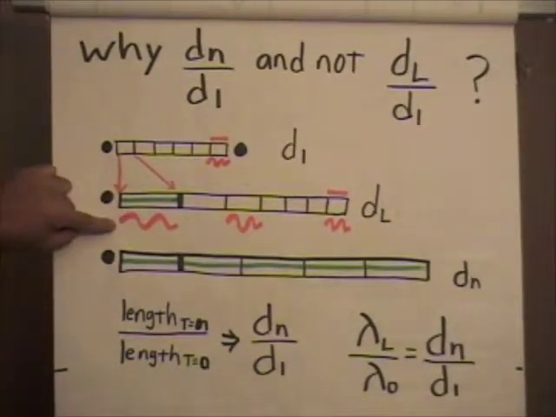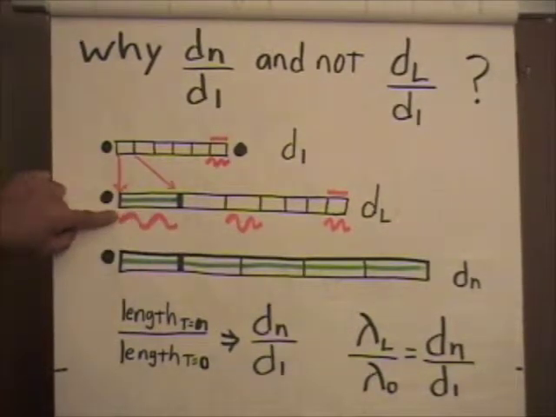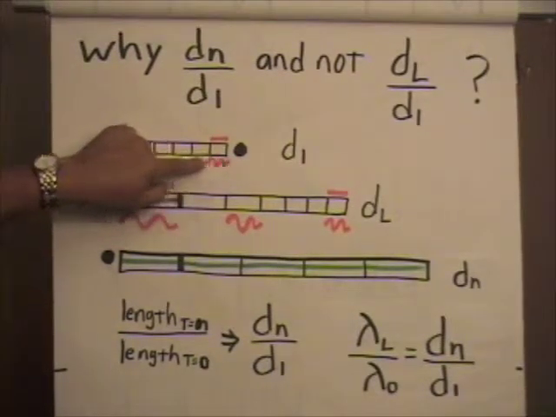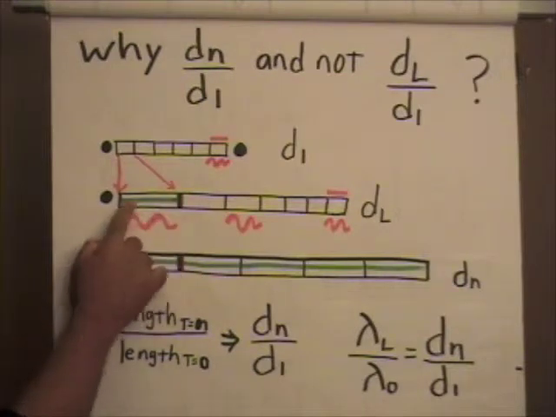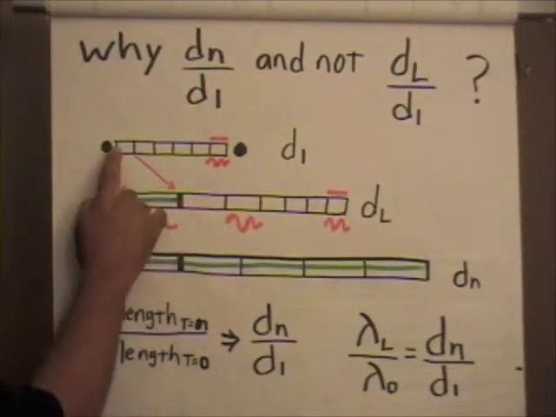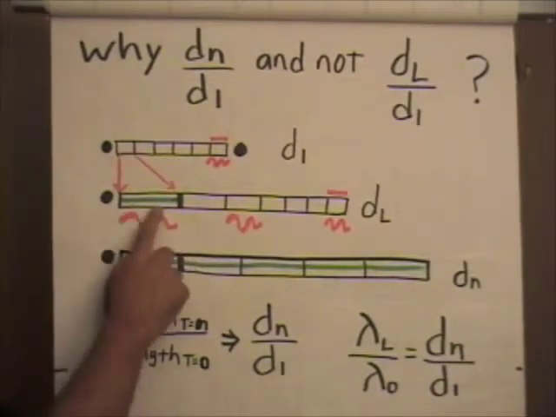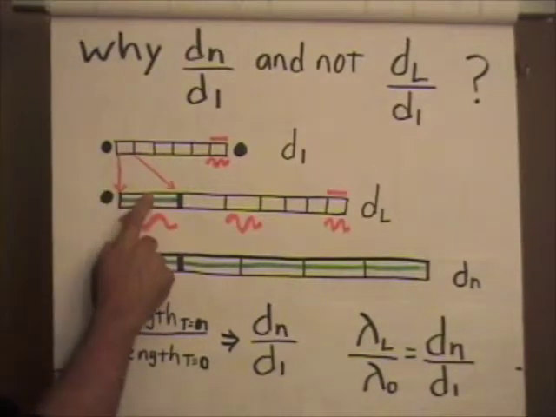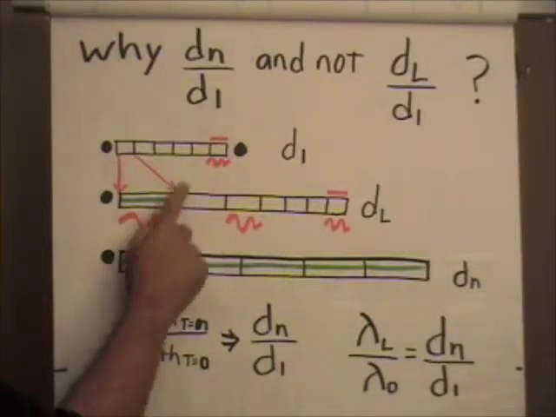And the redshift is the ratio of that longest wavelength to the initial wavelength, which is like saying it's the ratio between this segment of space and this segment of space. 1 megaparsec here, 1 megaparsec here, it expanded to some longer distance. So that ratio is the same ratio as the ratio of the lengthening of the wavelengths of light.